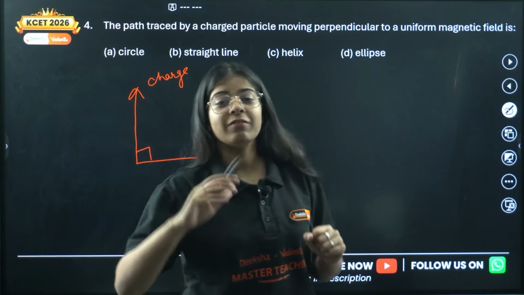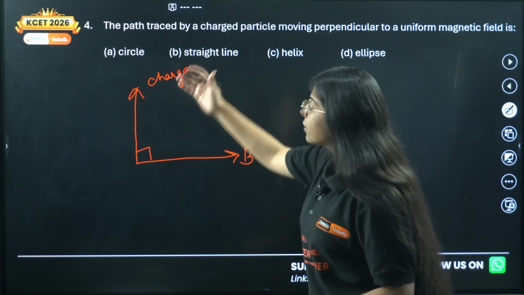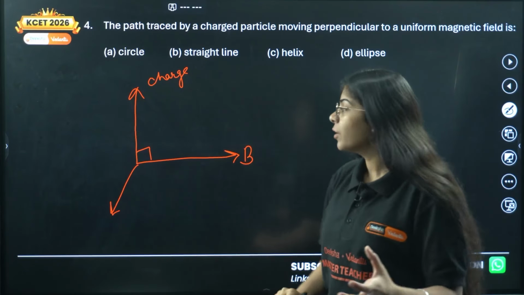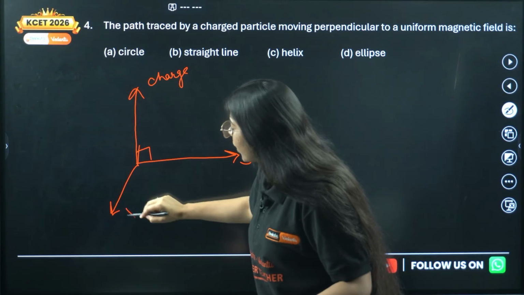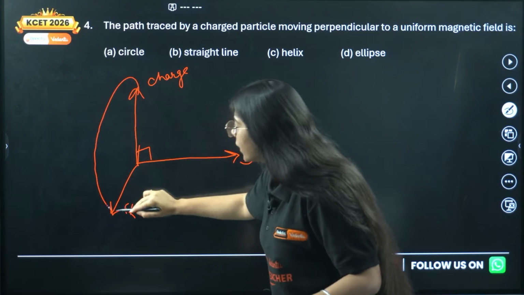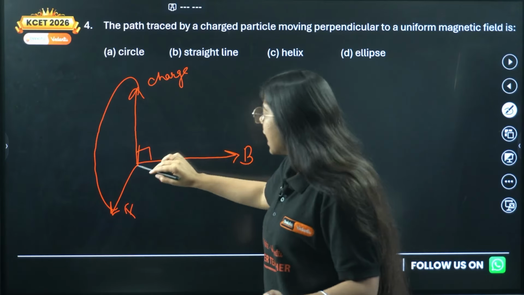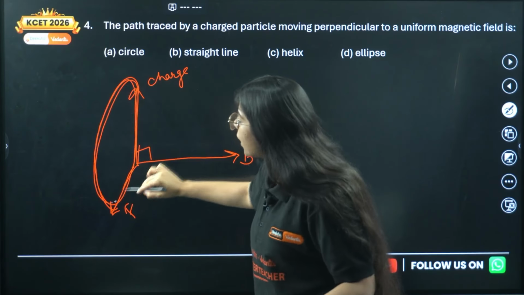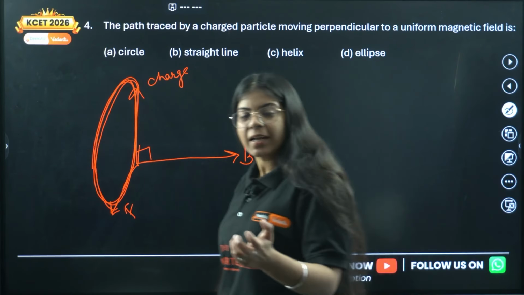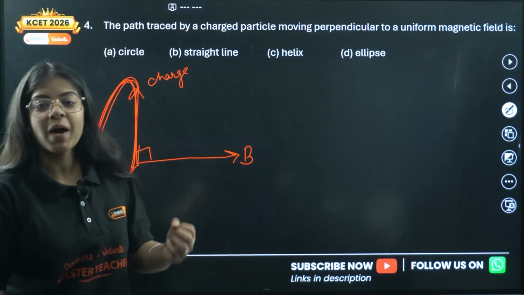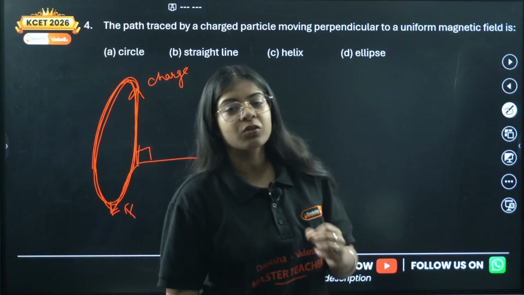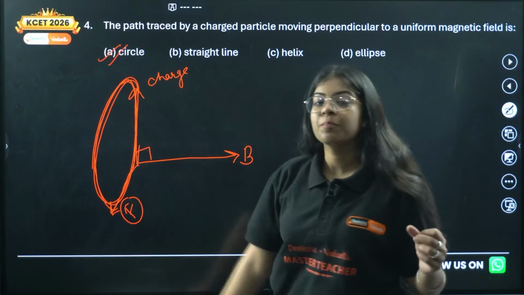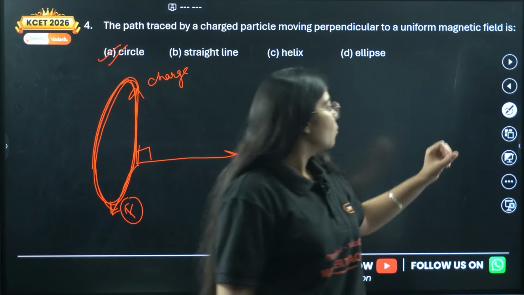So I know if there is charge, if there is magnetic field, the force on this charge will be perpendicular to both of these. Correct? We know that if my charge is going upward, this is force, this force will pull it towards itself. Correct? And then there is magnetic field, so what will it do? Its path will be circular. Correct? Understood? The charged particle which is traveling perpendicular to the direction of magnetic field, its path will become circular. Correct? Because the force is perpendicular to both of these.